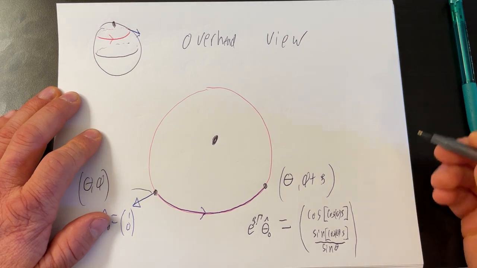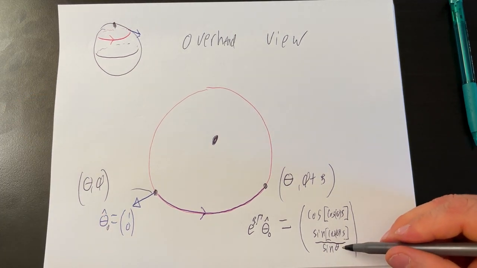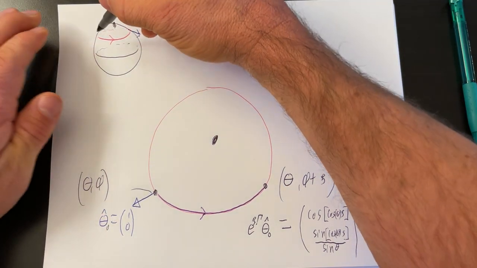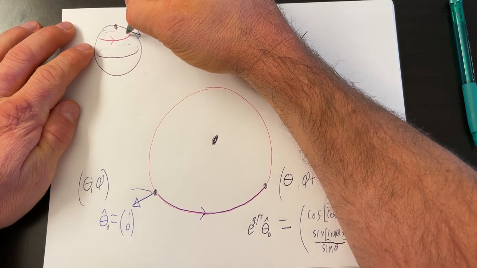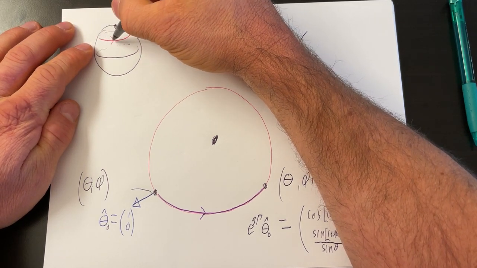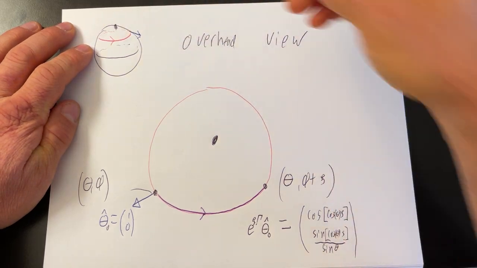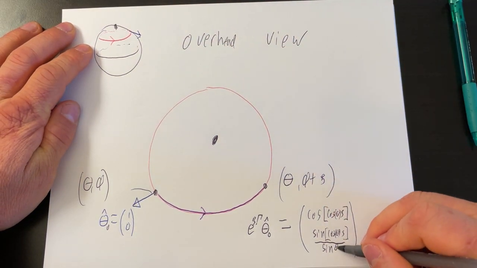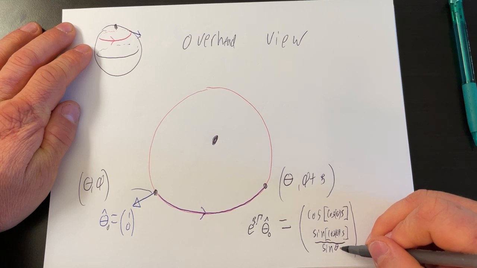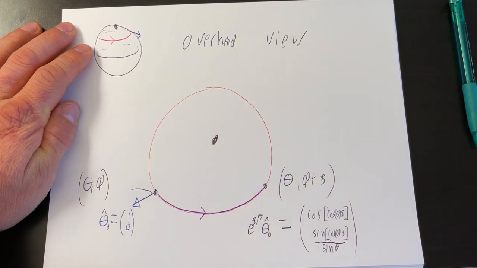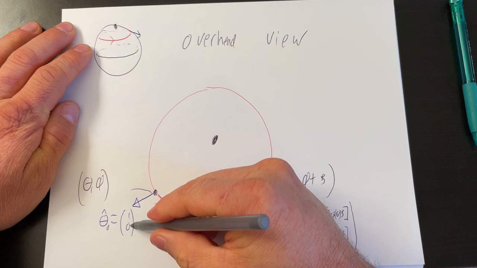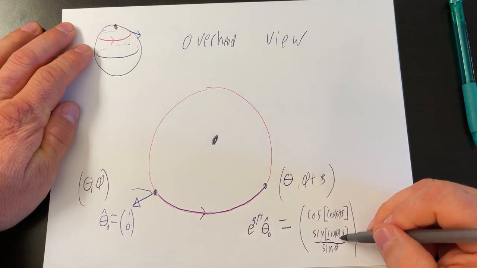In particular, thinking of theta here as pretty small, so I'm thinking of this red circle of constant latitude being pretty close to the North Pole, that's going to make this 1 over sine quite large. Okay, that second term was 0 here, but it has become non-zero.